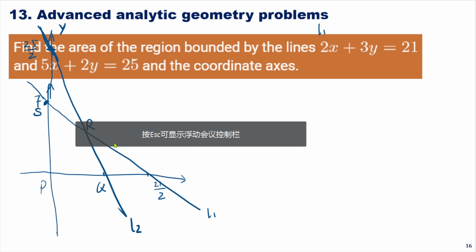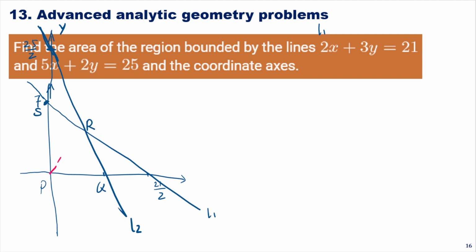We can draw the diagonal PR, which cuts the shaded region into two triangles, because we can easily find the areas of triangle PQR and PRS, right?